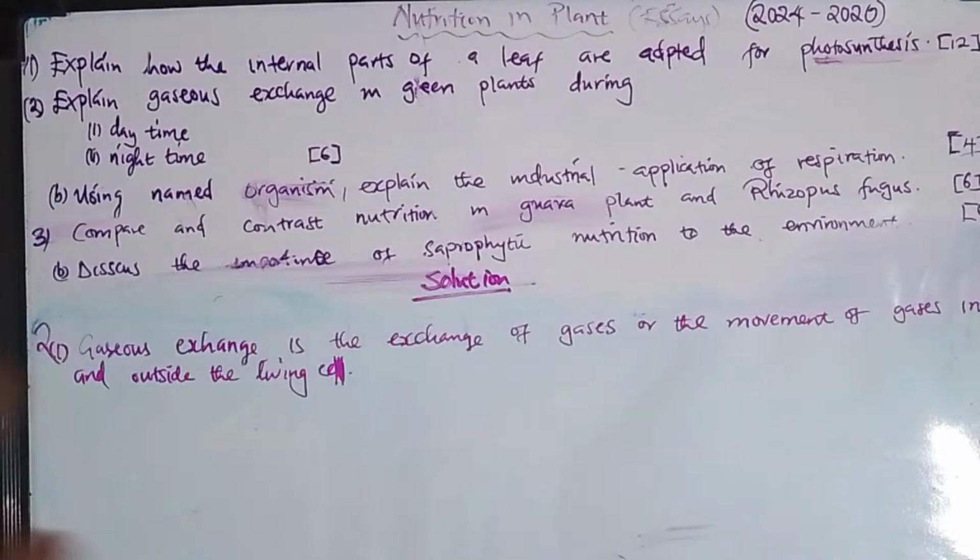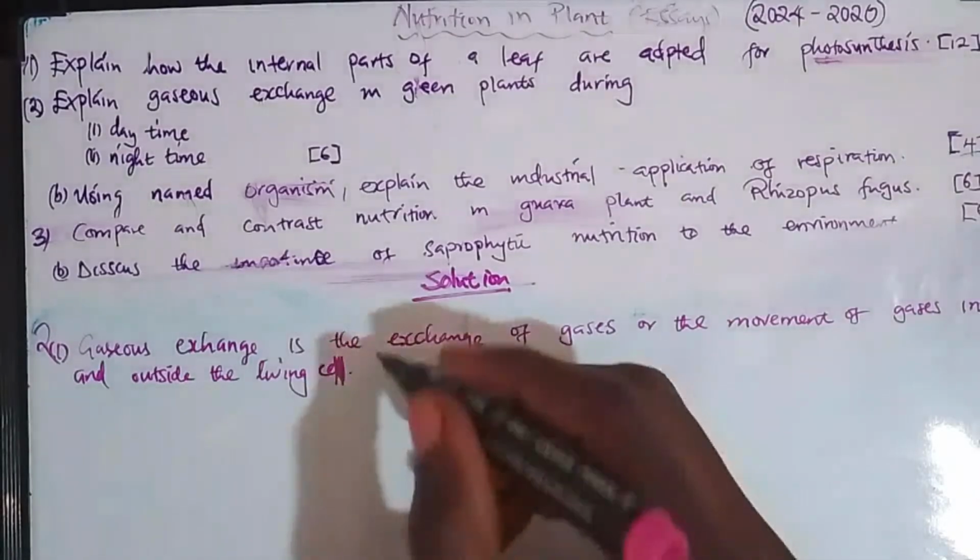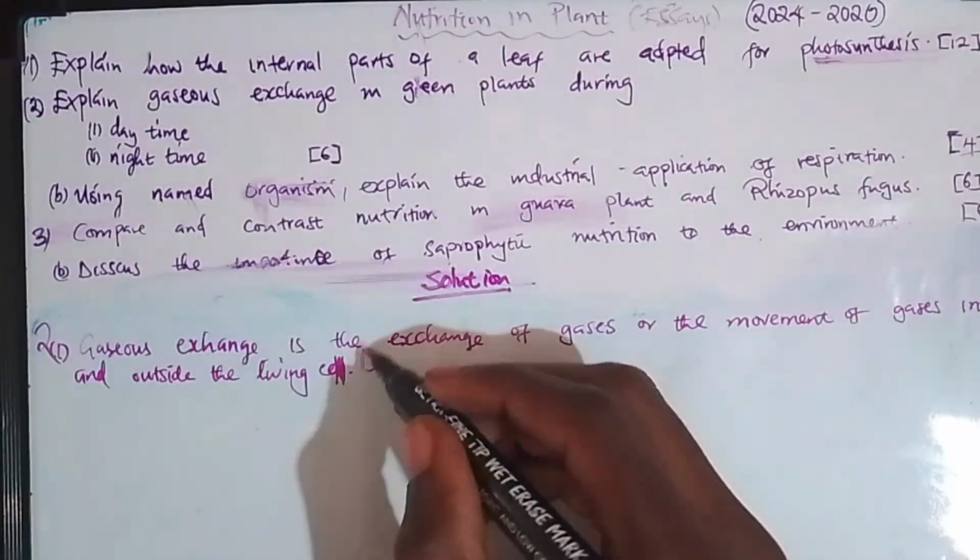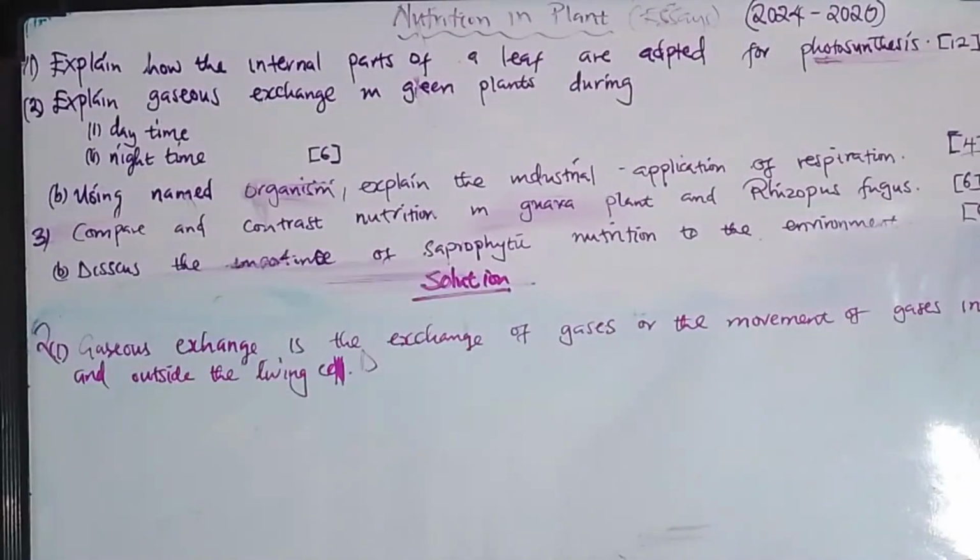Now moving on to the data. How does a plant carry out gaseous exchange during daytime? You can start by saying, during the day. Before I write, I need to explain something. The way plants do gaseous exchange during the day is by photosynthesis, because during the day there is a lot of light, meaning photosynthesis will be more than respiration.